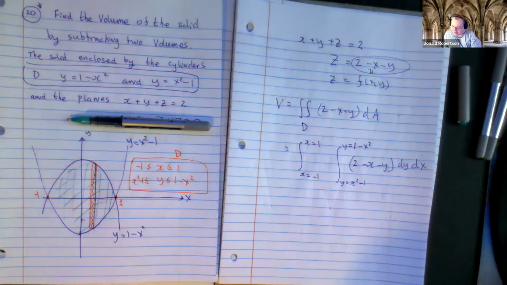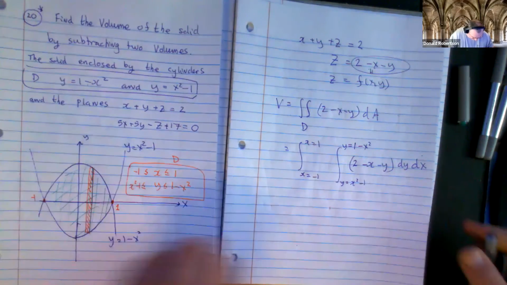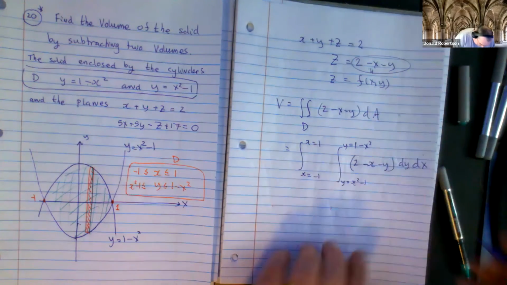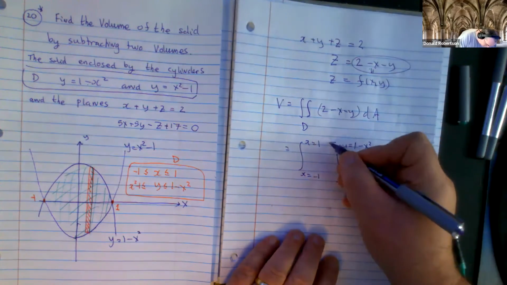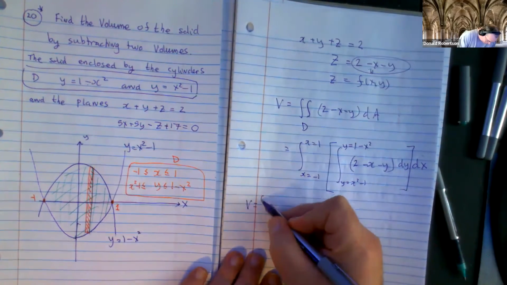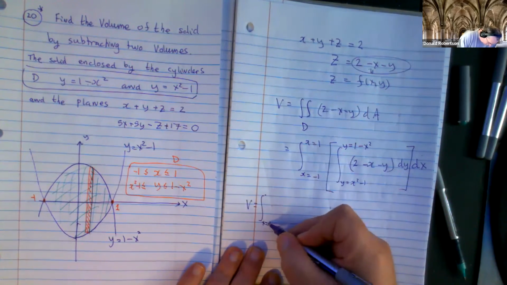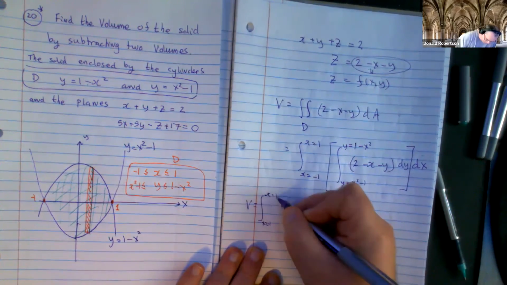Are you still with me? Right. So since I've got the time, let's keep going. So it's going to be the integral from x equals -1 to x equals 1.